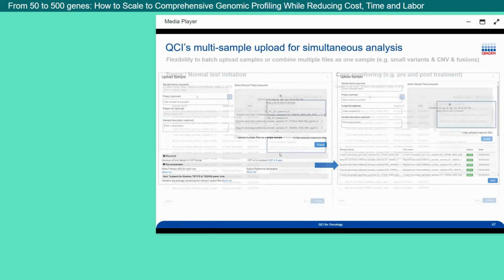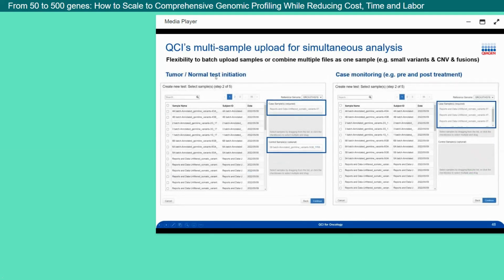Now, if you aim to initiate a tumor-normal test, that's what you see here on the left, you basically drag your cancer samples in one box and the control samples in the other box, and then continue with your analysis.